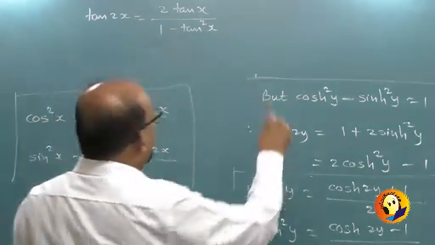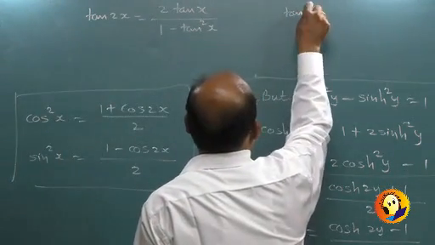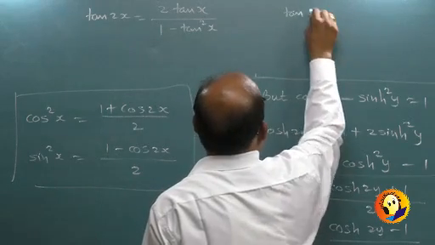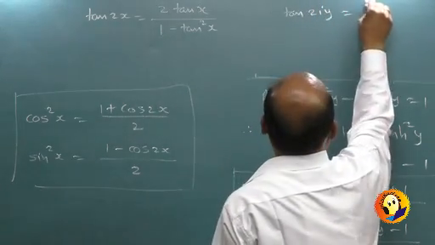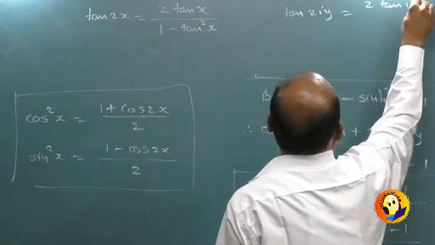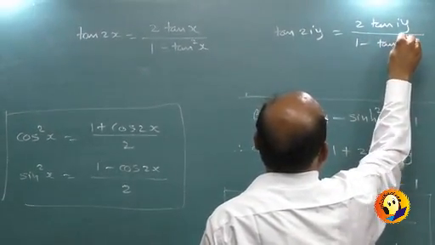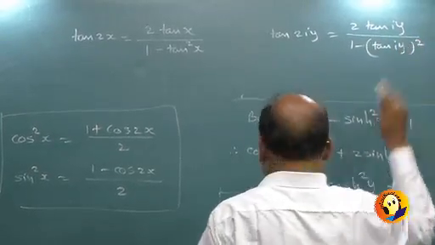Now you can go with the basics also: tan of 2iy equal to 2 tan iy upon 1 minus tan iy square.